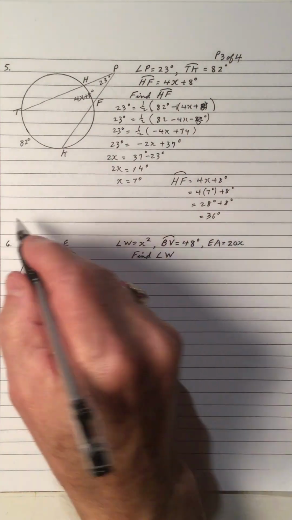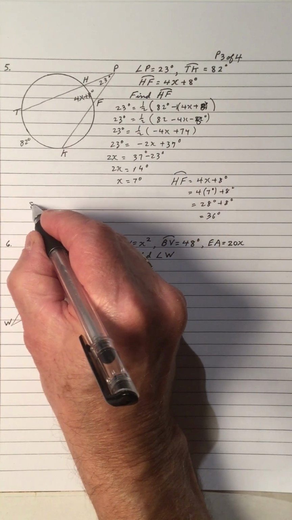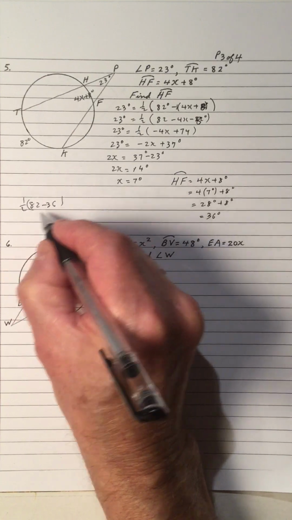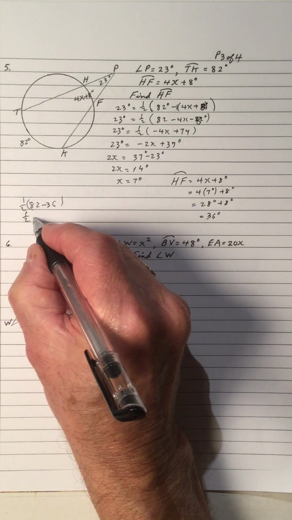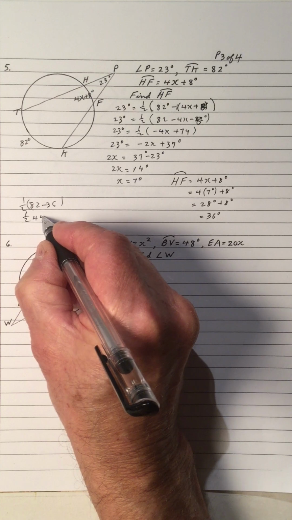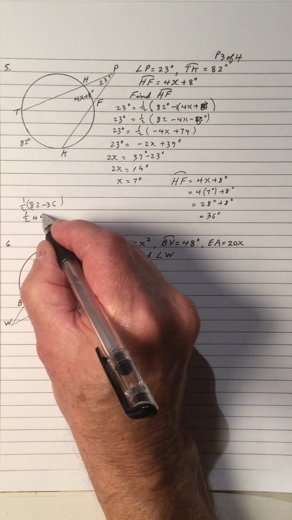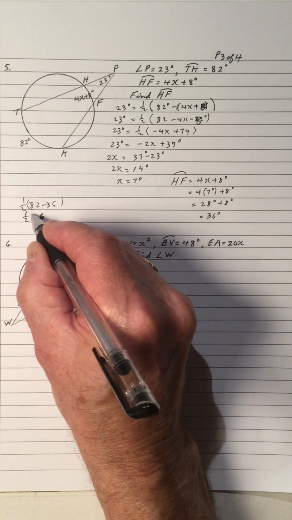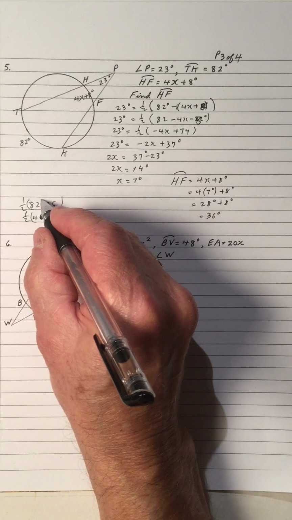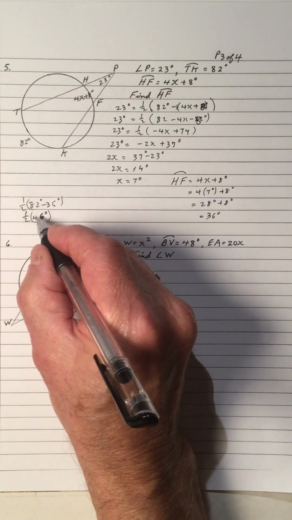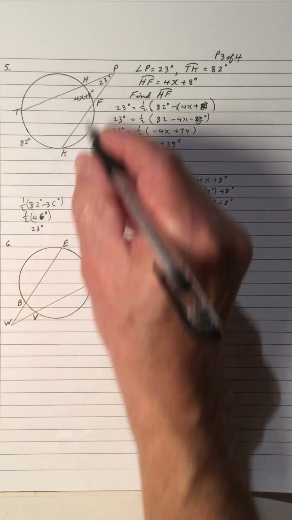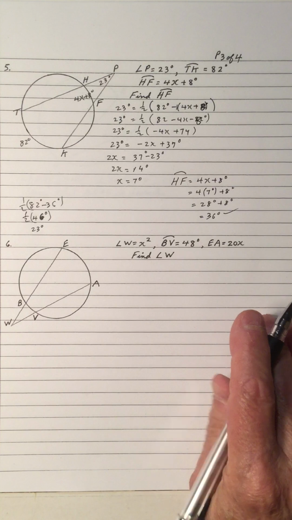So if you subtract, just to check it, 82 subtract 36, and that gives us 46, if I subtract right. 82 subtract 36 is 46, and half of 46 is 23. So everything is okay.